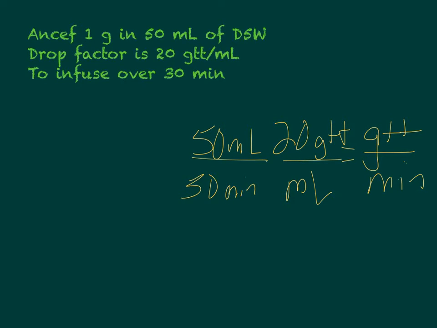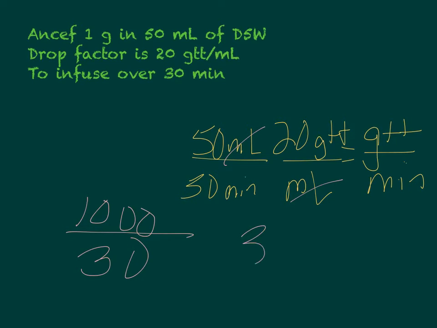Now that puts our minutes on the bottom, so already we're good. We can multiply across: 50 times 20 gives us 1,000. Forgot to cancel: mLs cancel, and we have GTT per minute, so that's all good. Then we have 30 on the bottom, and when we do our division, we're going to end up with 33.3.